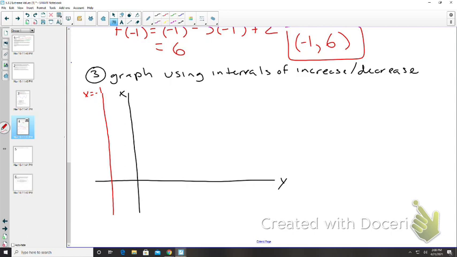So x is equal to -1. Okay, that's our graph, right? Remember, the only part that we care about is when x is greater than or equal to -1. So we know we have a point at -1 and 6.